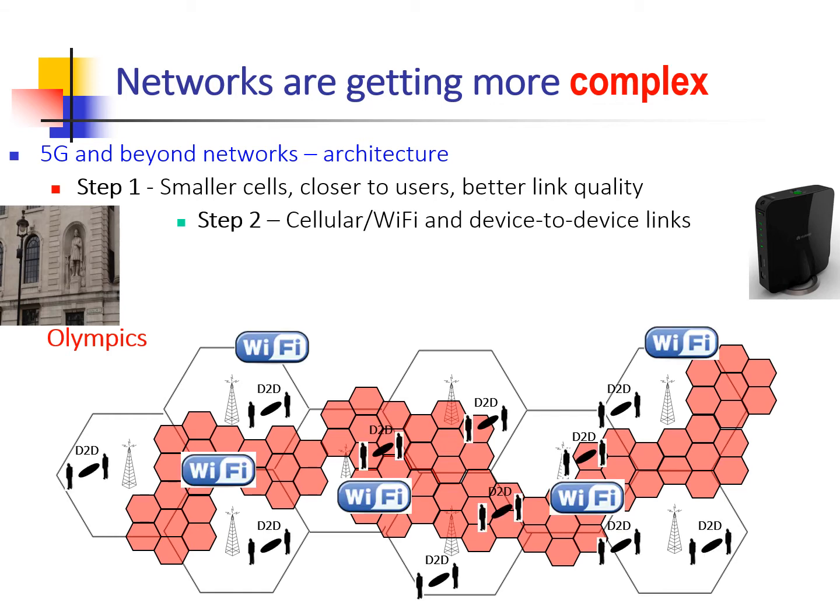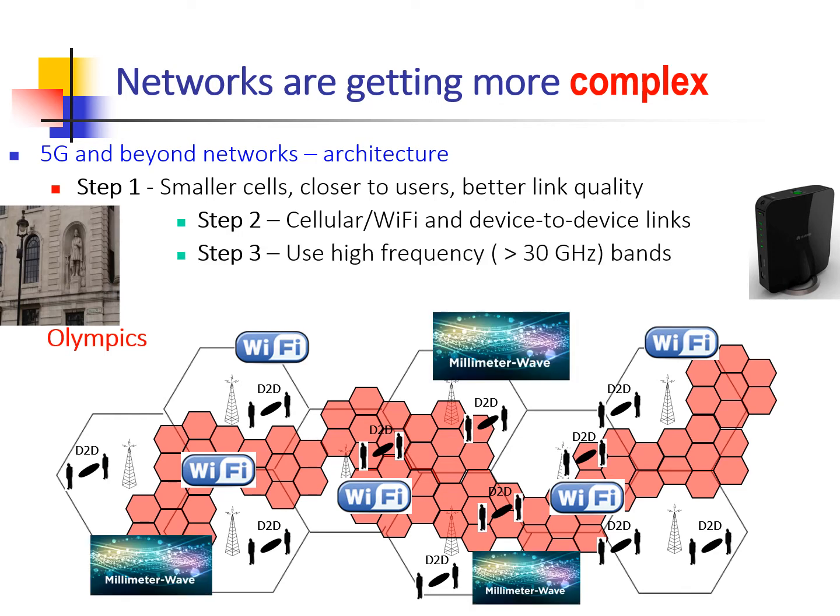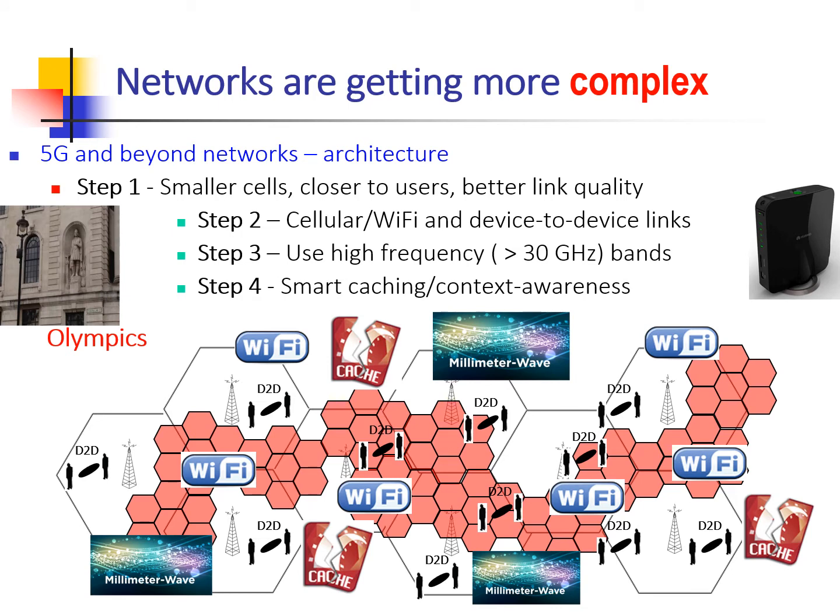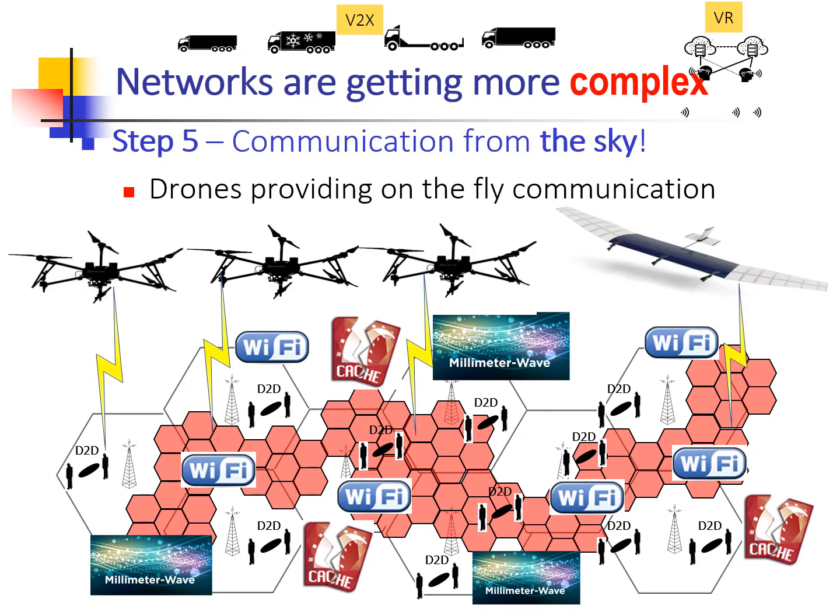Then, of course, we can also talk about device-to-device communication, licensed versus unlicensed bands, going for high frequency, 30 gigahertz, and even beyond that nowadays within beyond 5G discussion. Caching was a very popular technique in order to offload the backhaul and maximize the quality of experience of users.